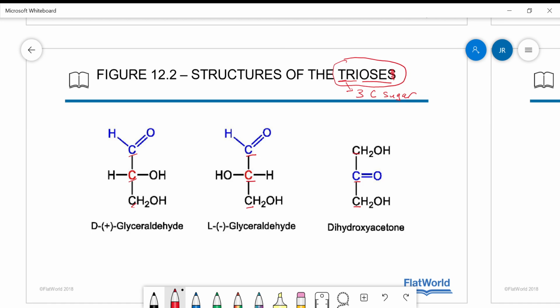But we can do a little bit better than that. And again, I might be preempting a future slide, but I don't see a future slide right now, so I'm just going to preempt away. Notice that this is an aldehyde functional group. So this is an aldotriose.